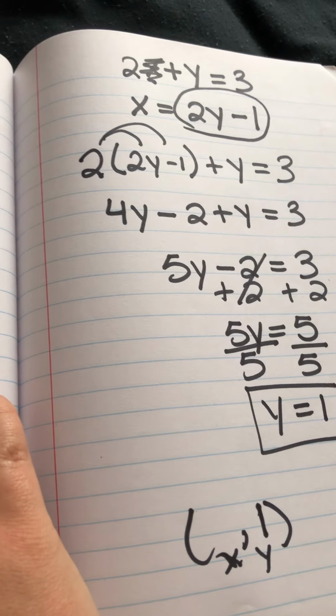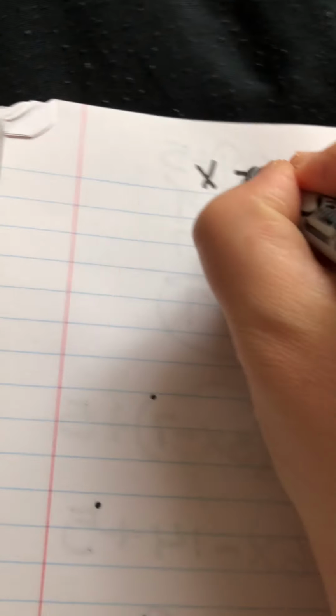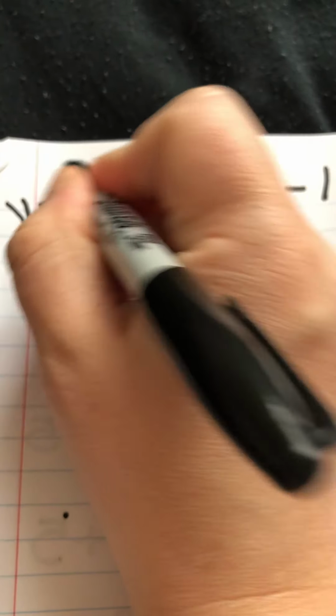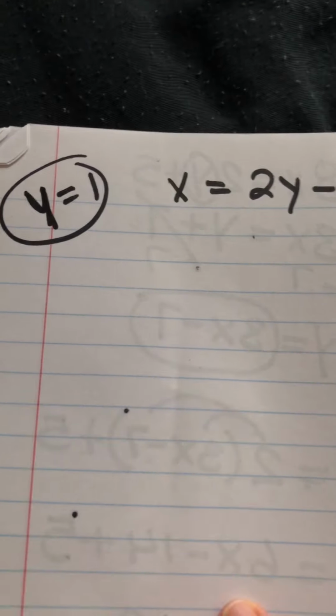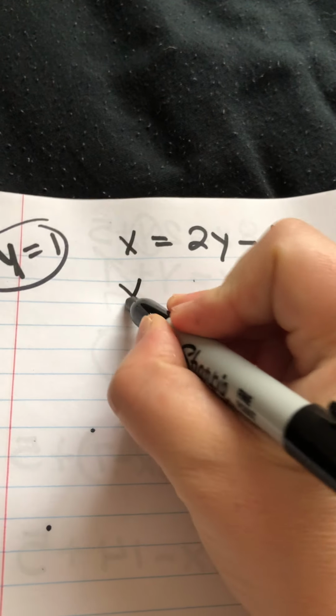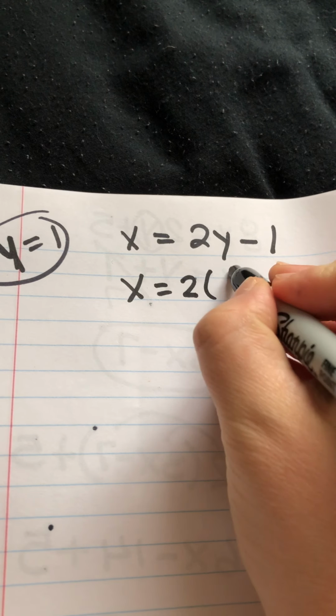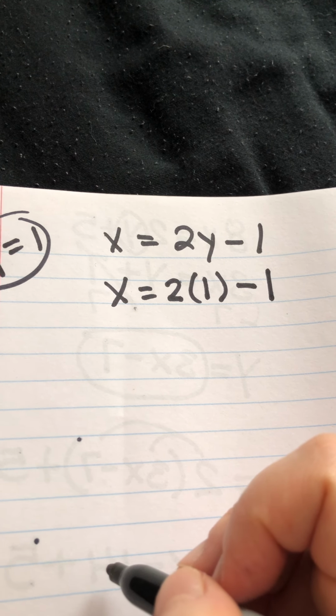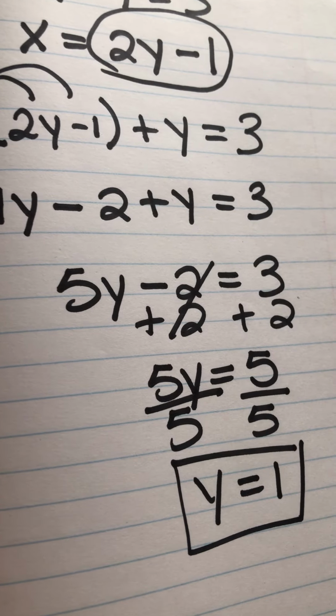Let's go ahead and look at the second one. X is equal to 2y minus 1. Now, I just figured out that y is equal to 1, right? So what that means is I can take that 1 and I can plug it in for this y. So I'm just basically rewriting one of those original equations and putting in 1 for my y value. Remember, we got that 1 from our problem solving over here.